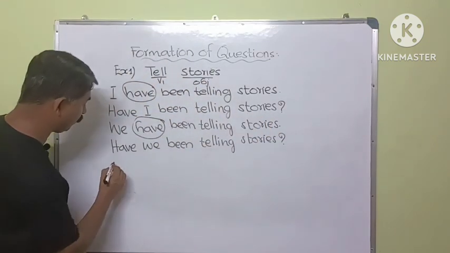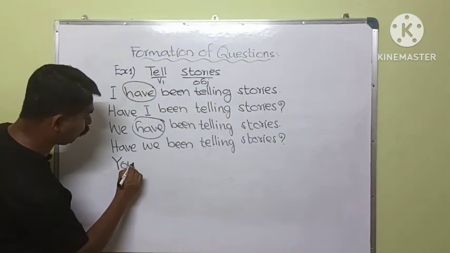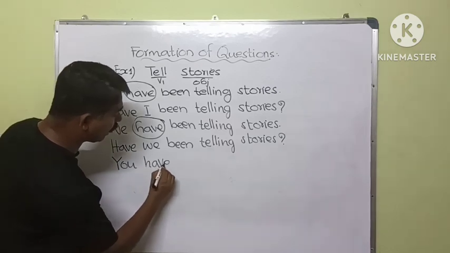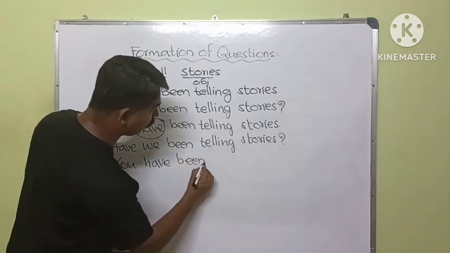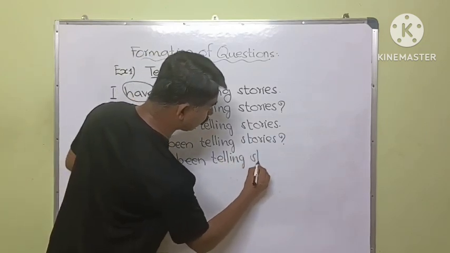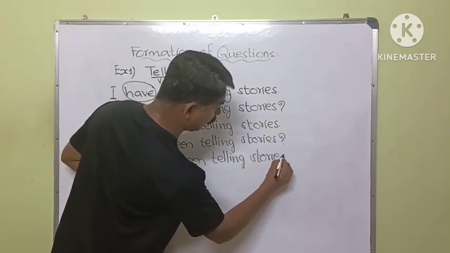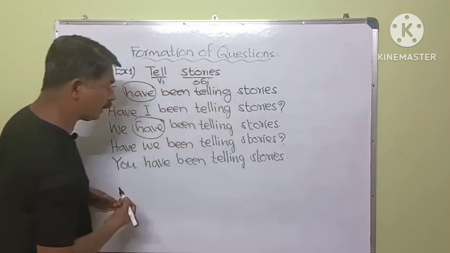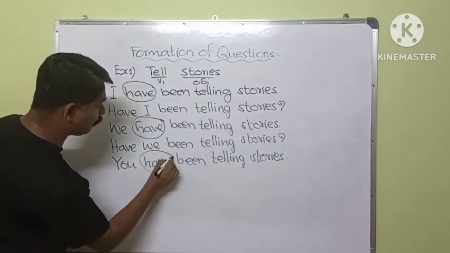Question mark. Next sentence, you have been telling stories. Affirmative sentence. Have must be taken out.